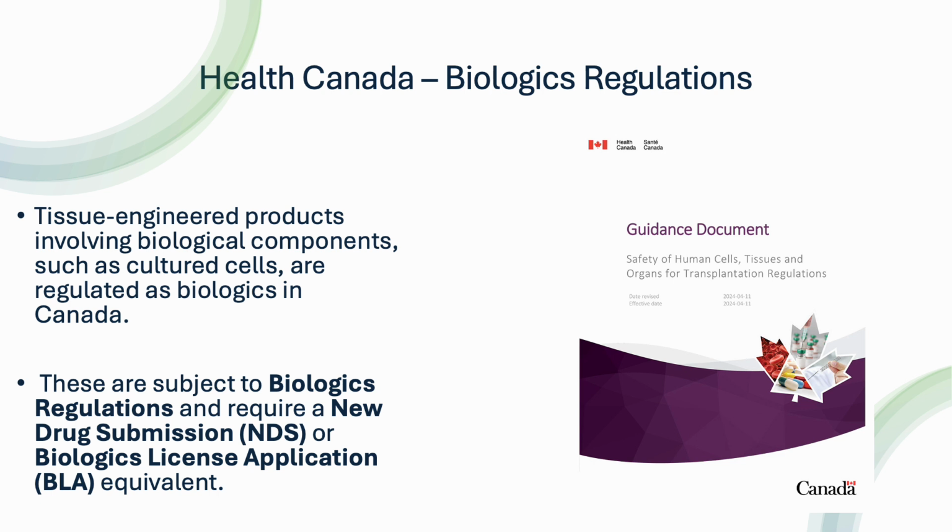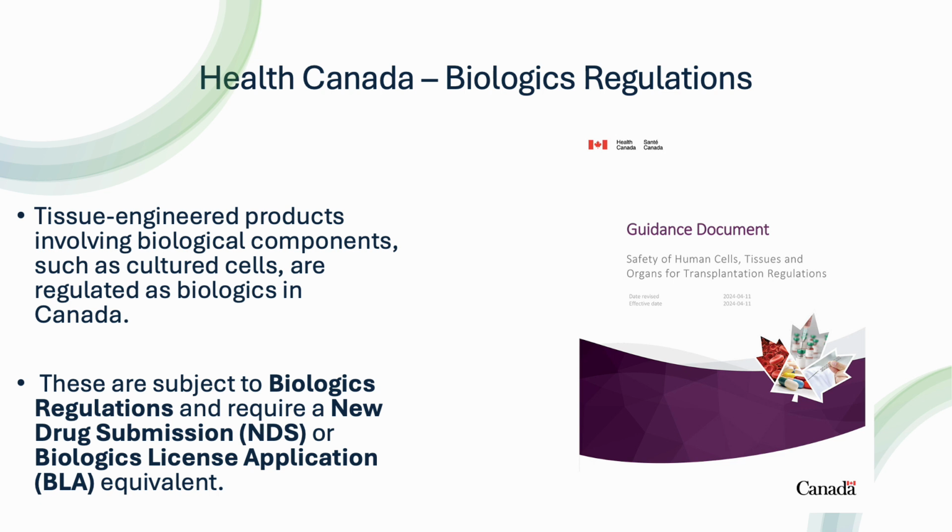So, in addition to biologics regulation, Health Canada also wrote a guidance document that we can see the cover on the right side of the slide, where the guidance document is on the safety of human cells, tissues, and organs for transplantation regulation. This is one of the regulations that is being used.